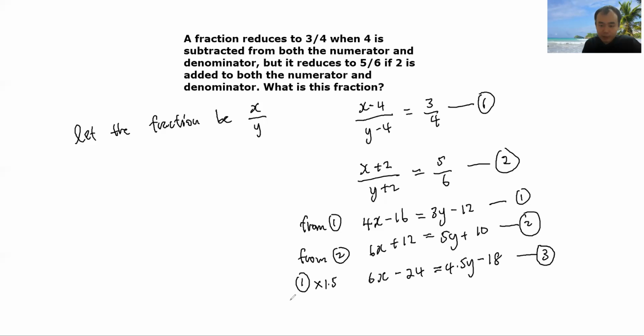Now, can I take equation 2 minus equation 3? That will help me get rid of x. 6x minus 6x, no more. 12 minus negative 24 will be 36. 5y minus 4.5y will be 0.5y. 10 minus negative 18 is 28.